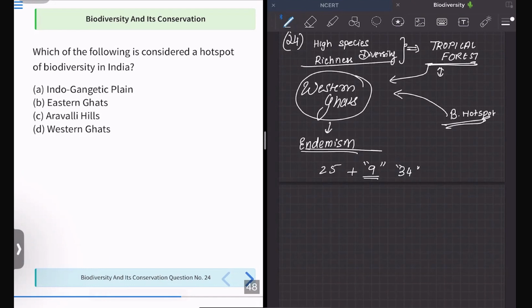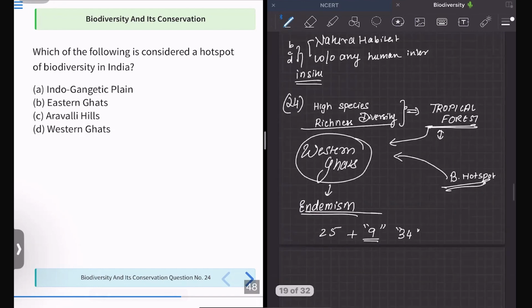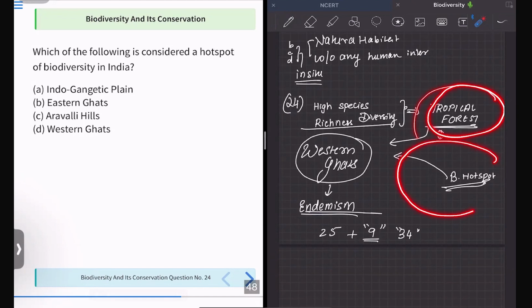So a total of 34 biodiversity hotspots are present. This is just factual information. I hope the concept of biodiversity hotspots, and them being in the Western Ghats in India, is clear to you, and why we have marked option D as the correct answer.